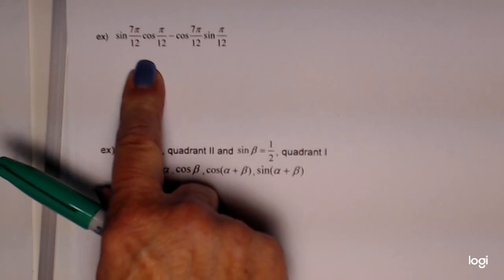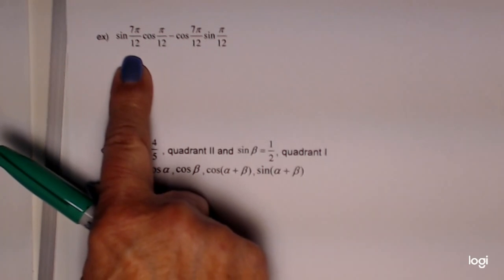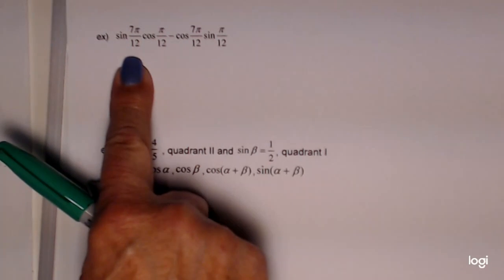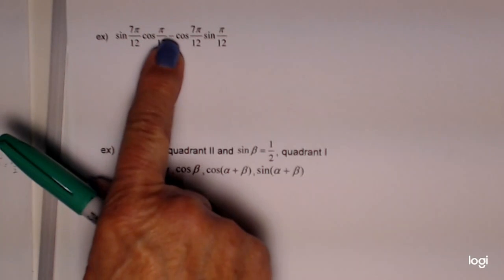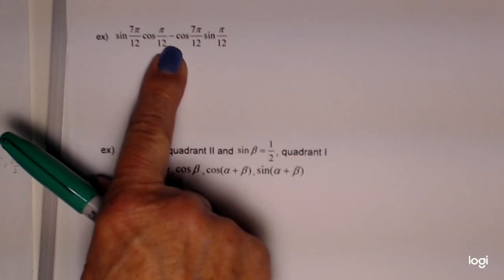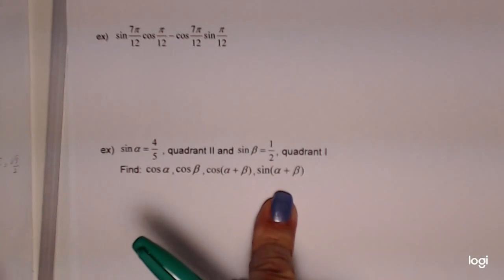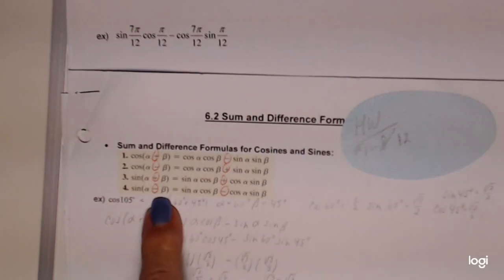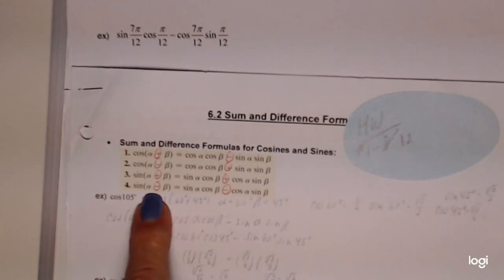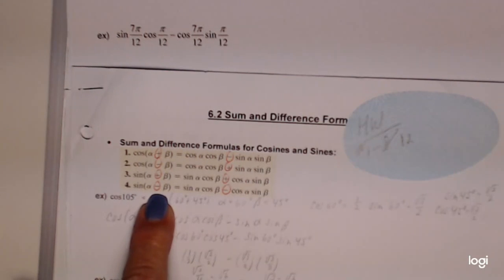In this example, what we have here looks suspiciously like one of the formulas on the top of the page. We have a multiplication of sine and cosine, a subtraction symbol, and then another multiplication of cosine and sine. If you go back to the top of the page, you can see that it's this formula here, the sine of the difference of two angles.